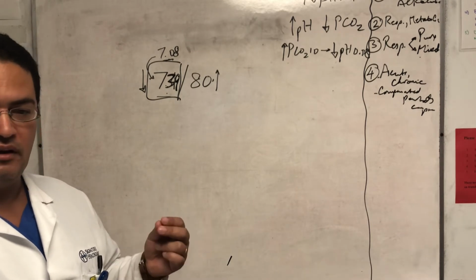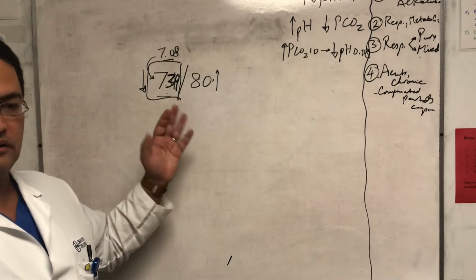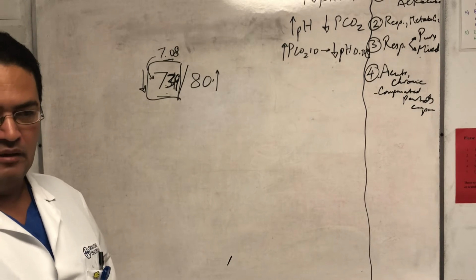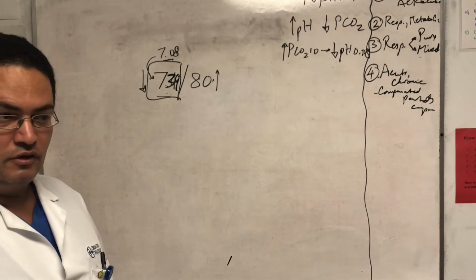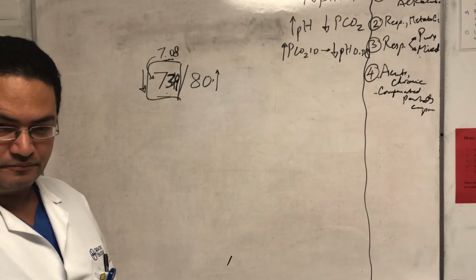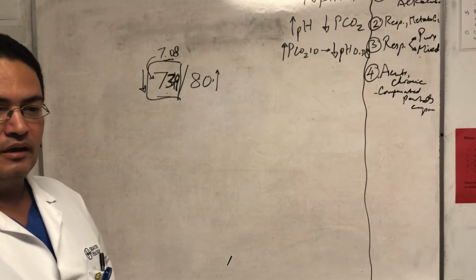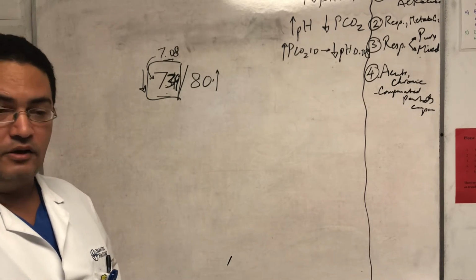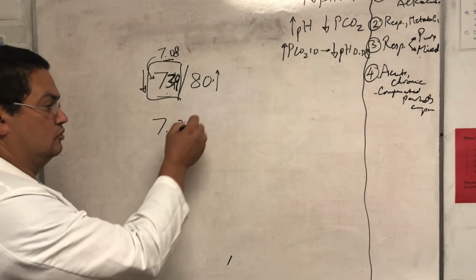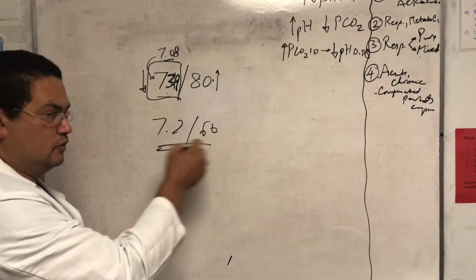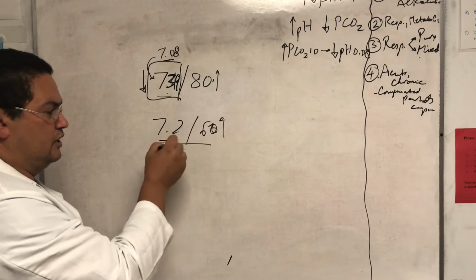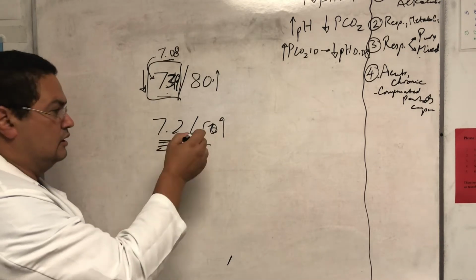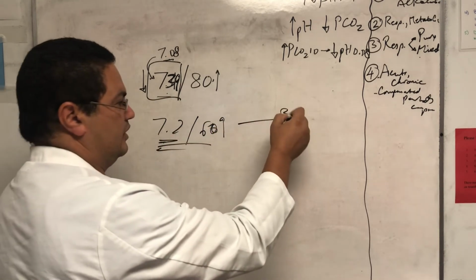So if you are a COPD patient walking around like this, you're not going to be sleepy. But if I give you 2 milligrams of Dilaudid, you become sleepy, you accumulate CO2 a little bit, and your pH goes down to 7.2, and this is the blood-brain barrier.